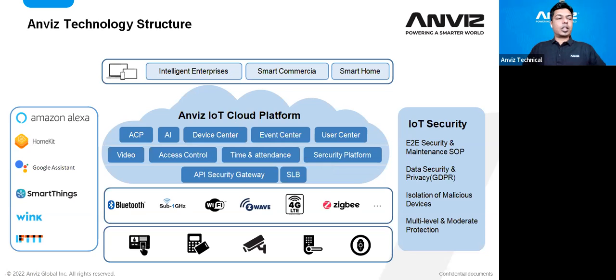We are majorly into fingerprint-based and RFID-based verification. We also have surveillance products, smart locks, and other solutions. We have our IoT security segment, where we take care of the security of customer data. And we are on multiple platforms, such as Amazon, HomeKit, Google Assistant, and others.